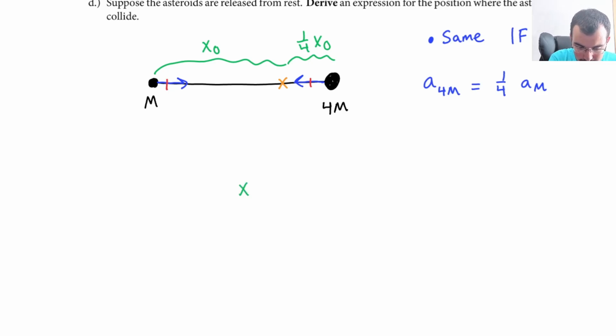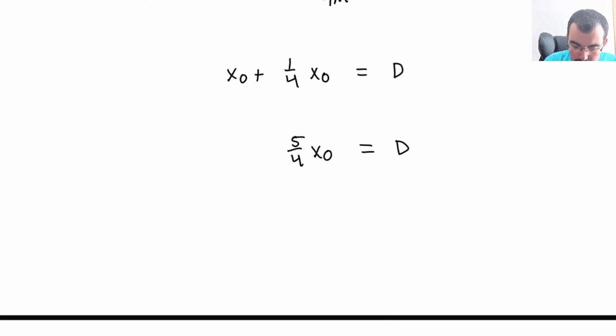So we know that x0 plus 1/4 x0 is equal to their separation d. So 5/4 x0 is equal to d, which means that x0 is equal to 4/5 d.